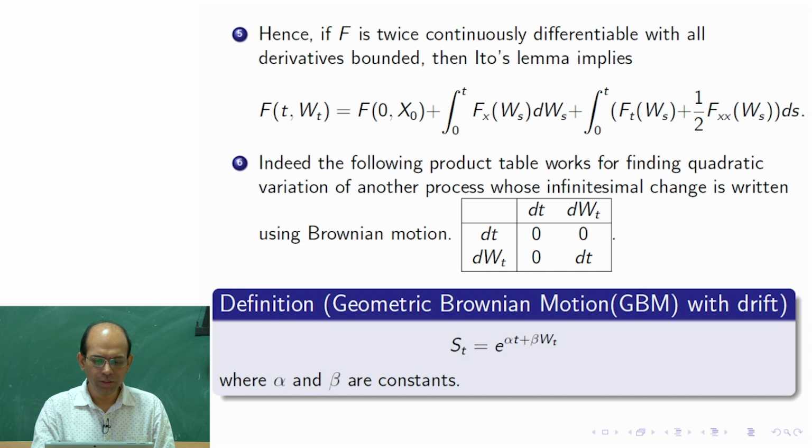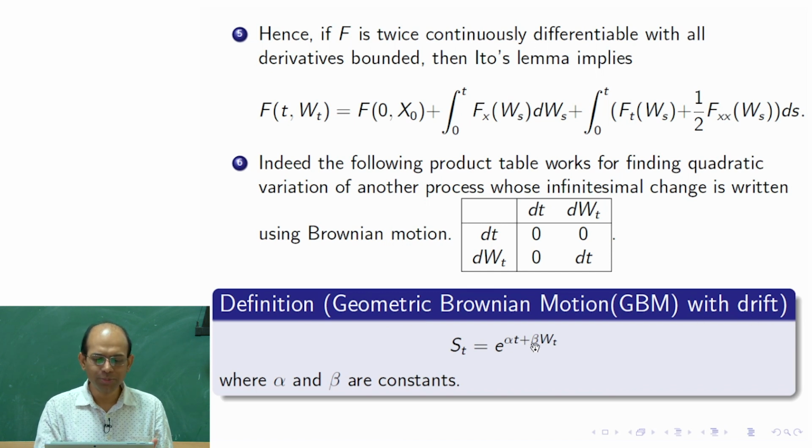So, here we first talk about a process other than Brownian motion, say st. We define st equal to e to the power of alpha t plus beta times wt, where alpha and beta are some constants. This has a name: it is called geometric Brownian motion with drift.